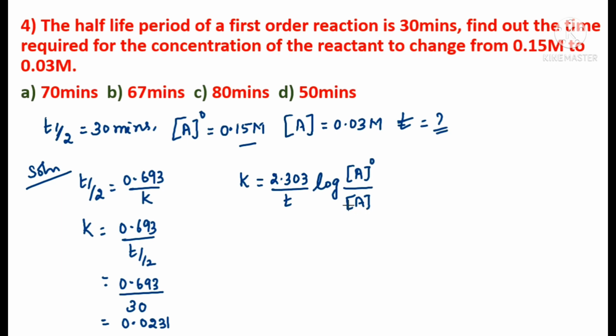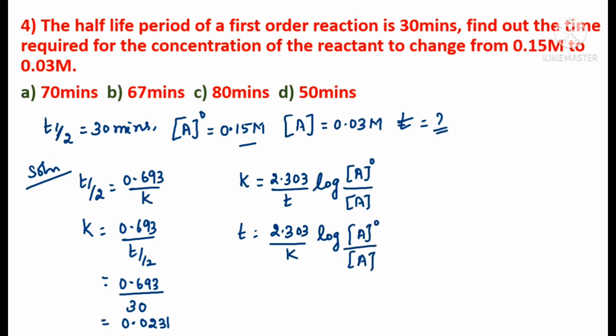Okay, so this is the formula. Now we are in need of the time taken for the conversion of this concentration. Okay, so we are reshuffling this formula. T is equal to 2.303 by K log concentration of A naught divided by concentration of A.